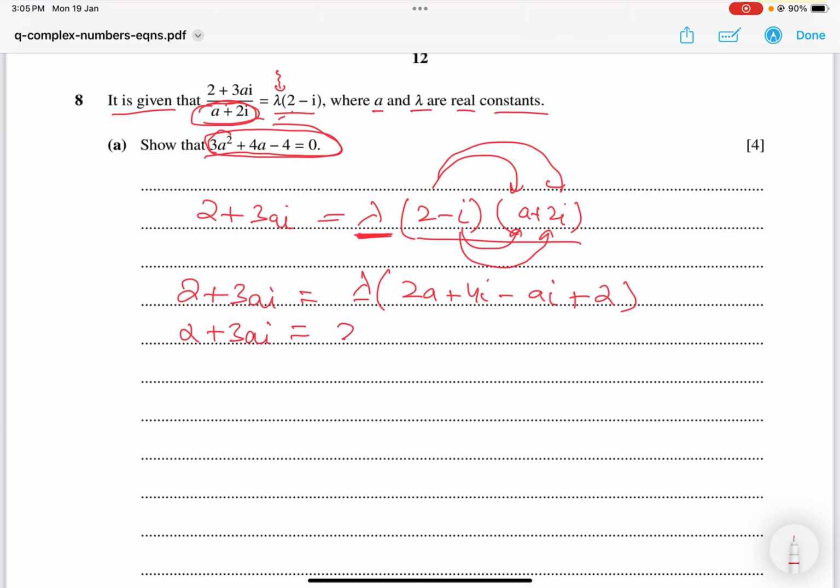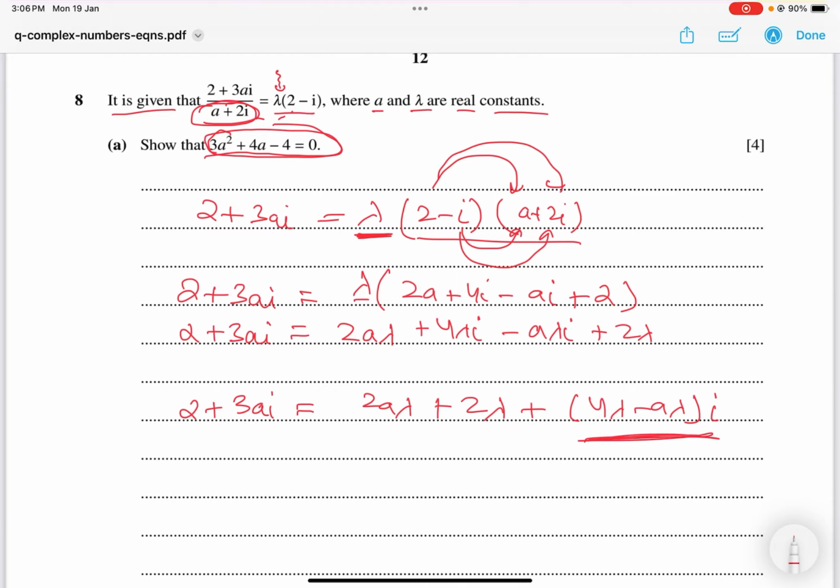It will become 2a lambda plus 4 lambda i minus a lambda i plus 2 lambda. Keep the real terms to one side, segregate the terms. This is the rule, right? So it will become 2a lambda, this is real part, plus 2 lambda, this is also real part, plus 4 lambda minus a lambda i, this is the imaginary part. I just took out i common.